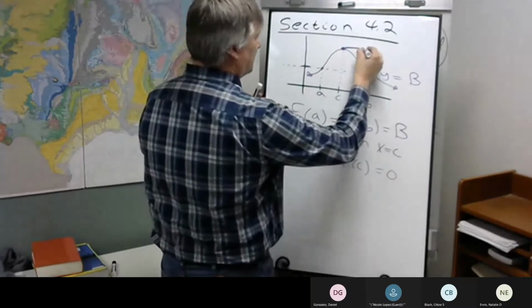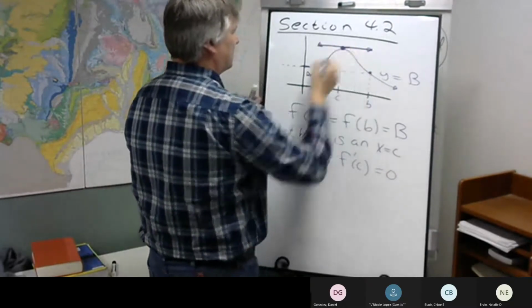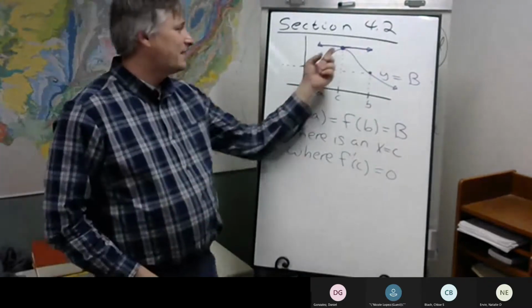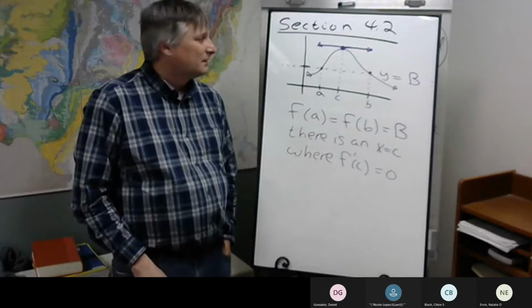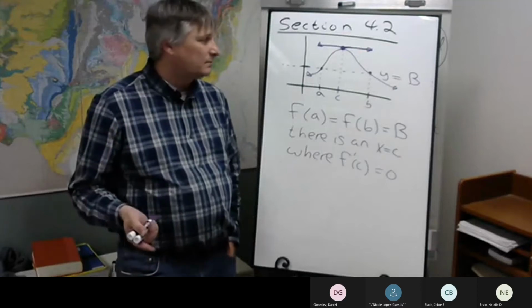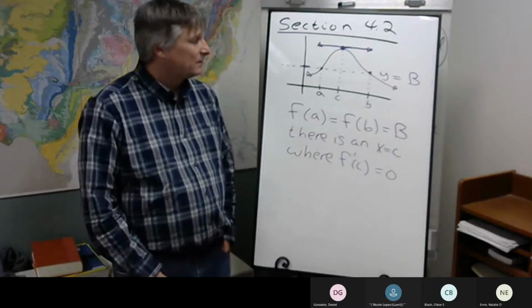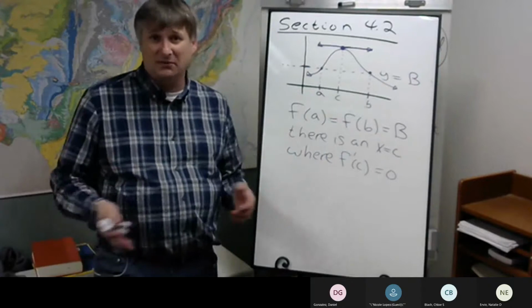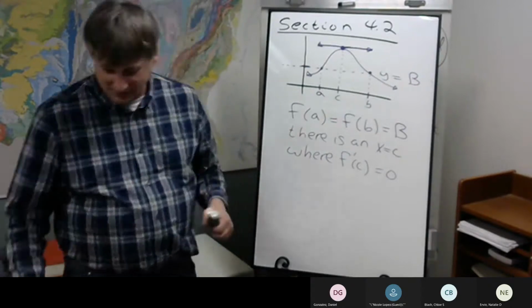Or in other words, you have a horizontal tangent line. And again, that tells us if we have a maximum or a minimum. So if we have a maximum or minimum, then we're going to have this condition where f prime of c is 0, as long as the derivative exists at that point. So questions about that? Let me do an example here.